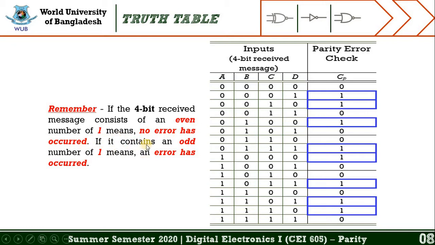And if it contains an odd number of ones, it means an error has occurred. So on the right side of the truth table, you may notice that there are zeros and ones, and I hope you now understand why 1 and why 0 are placed.